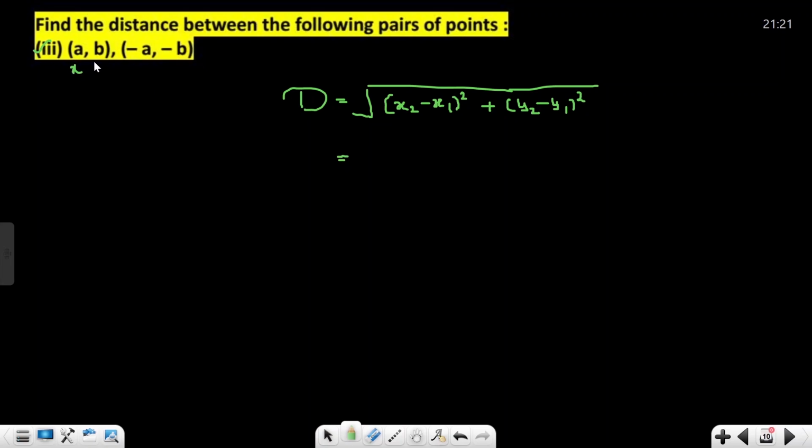Here the first value x, second value y, x, y, give here 1 1 and 2 2. Now put the value. X1 value is a, x2 value is minus a, the minus sign is from the formula, x1 value is a, and whole square plus y2 value is minus b, y1 value is only b, square. We just put the value.